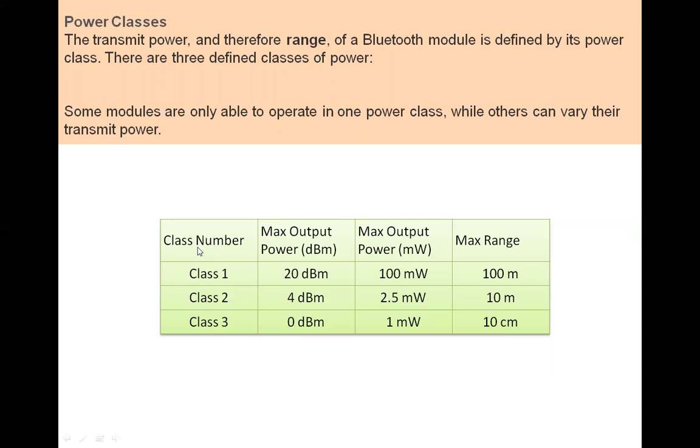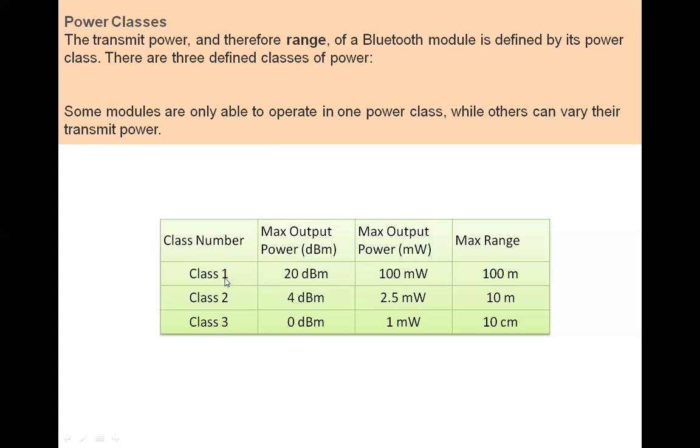Here I have given one table with four columns. First is class number, then maximum output power in dBm, third is maximum output power in milliwatts, and the maximum range is shown. As per the classes, you can find the range of Bluetooth devices.